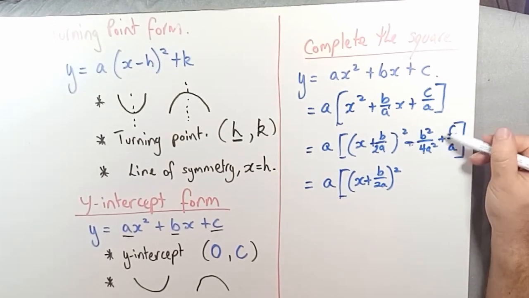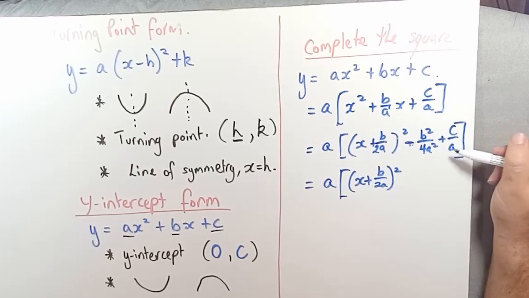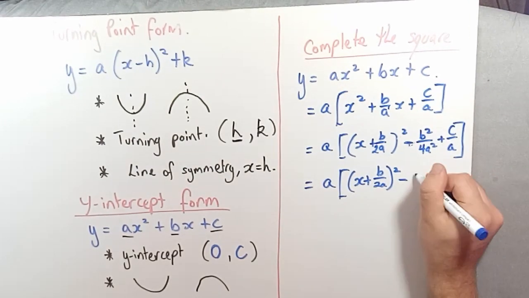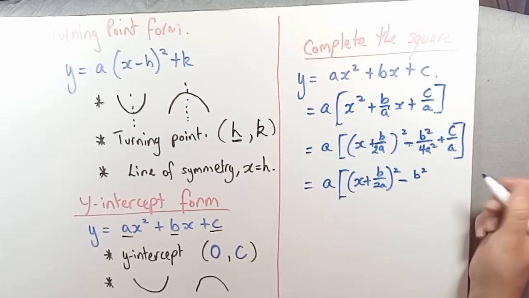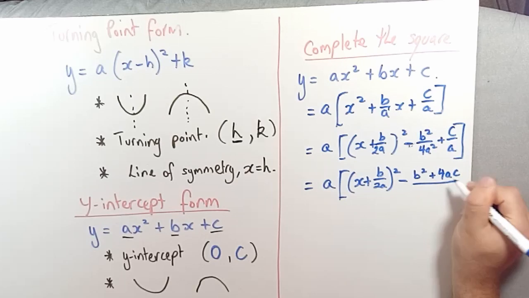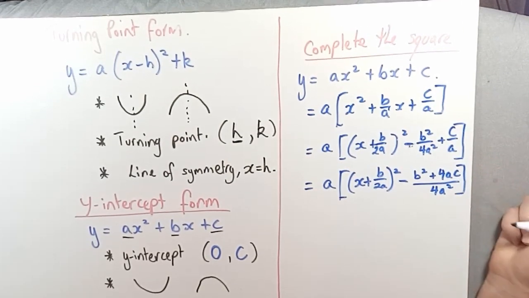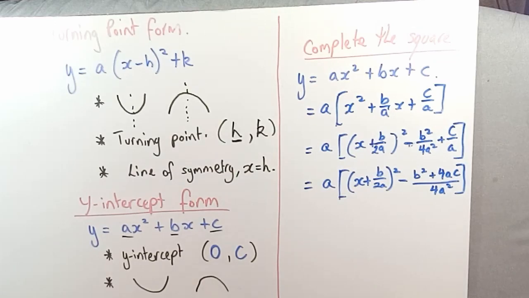I'm just going to put this over common denominator here. So I want to times by 4 and multiply by another a. So I'm getting minus b squared plus 4ac, now this is looking familiar, over 4a squared. Okay, and then I can expand it out.